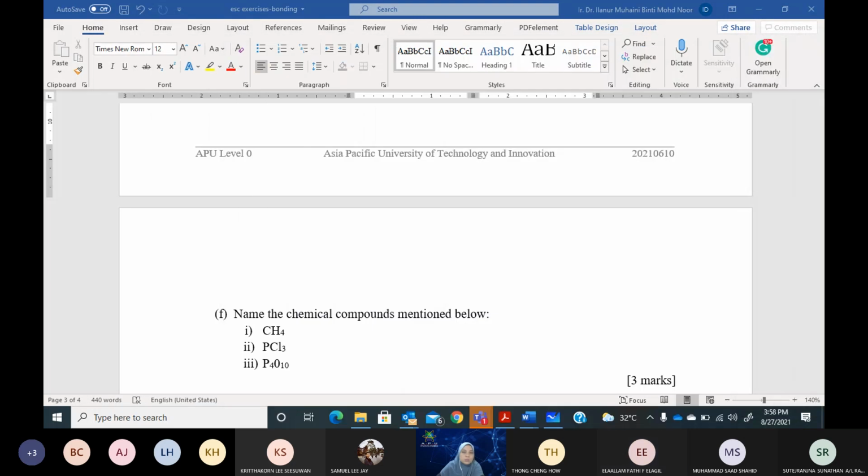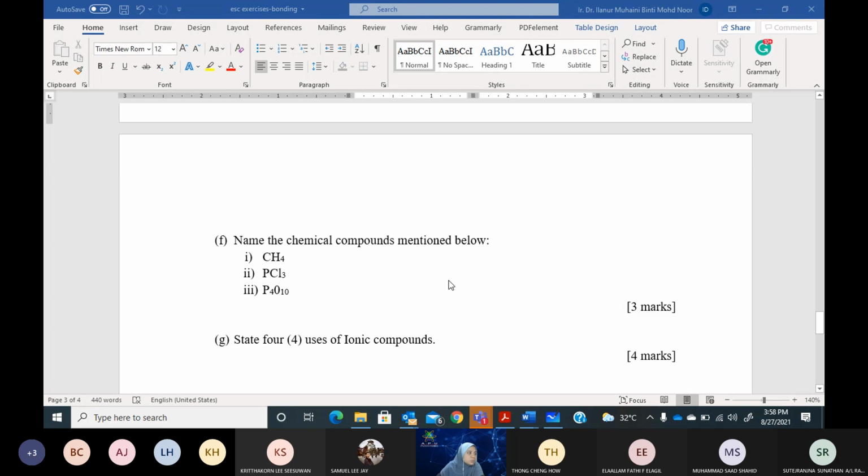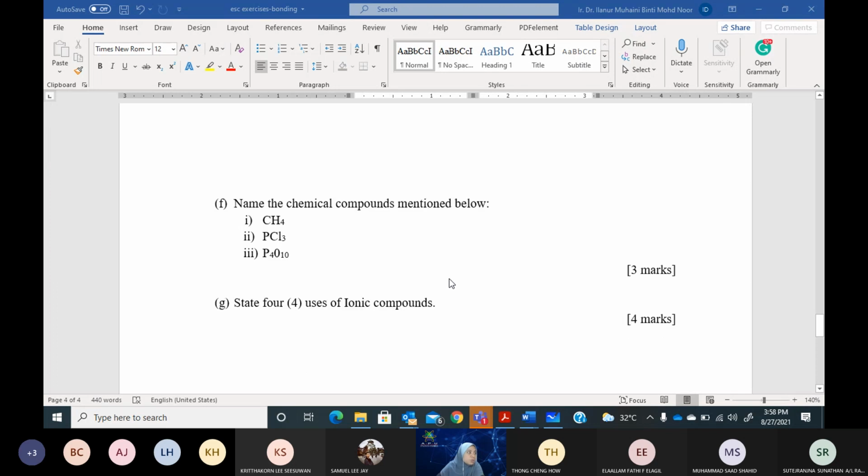Phosphorus, answer already. So the first one is name the chemical compounds mentioned below, CH4. Answer from your friend Lim Wei Huan is methane.